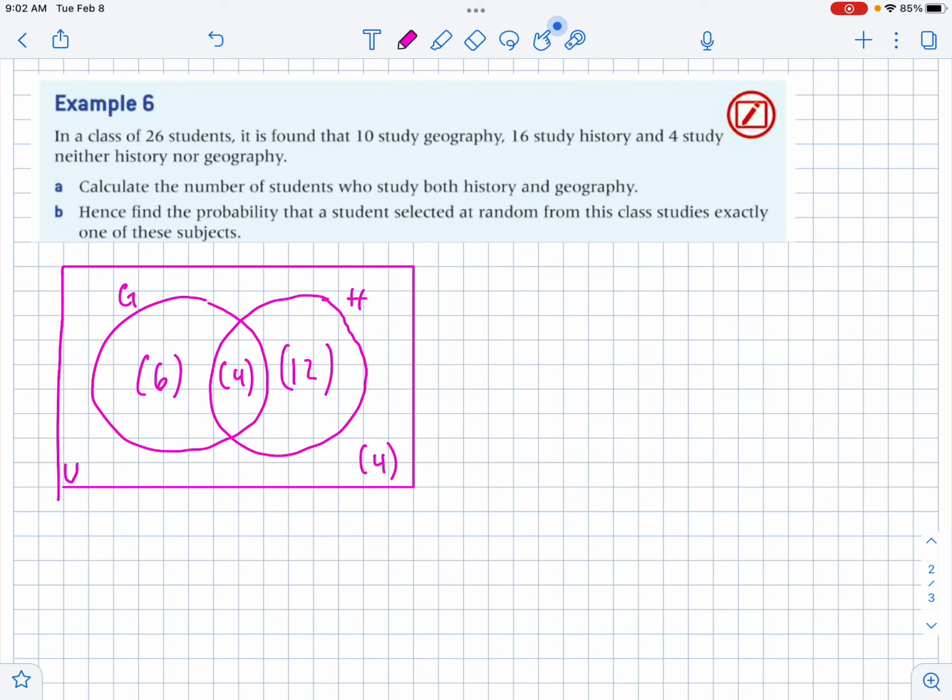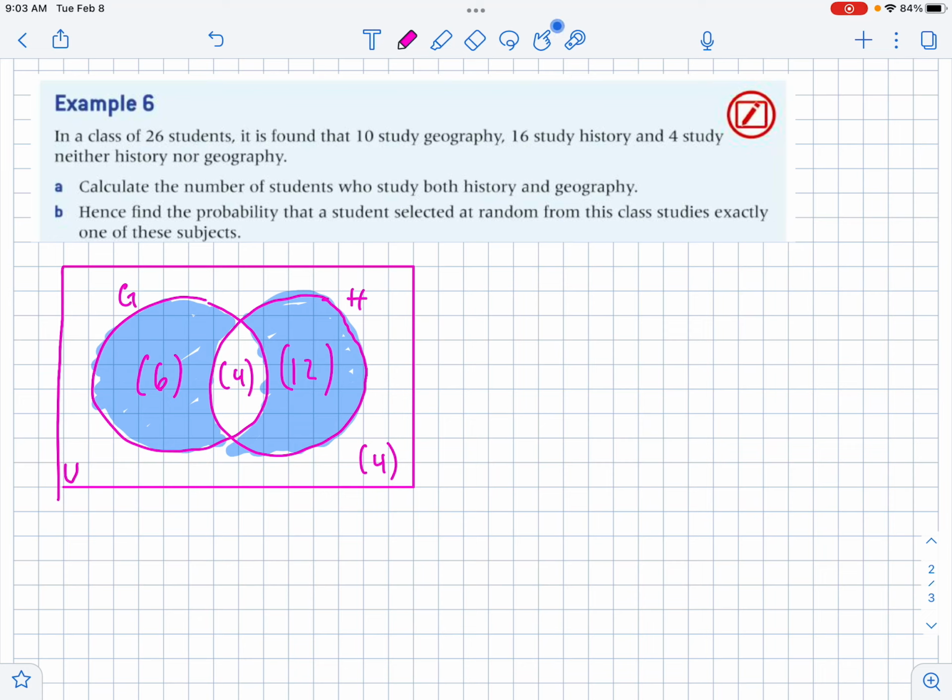Find the probability that a student selected at random from this class studies exactly one of these subjects. The only people that are studying exactly one are these 6 people who only study geography, not history, and there's these people here that only study history, not geography.